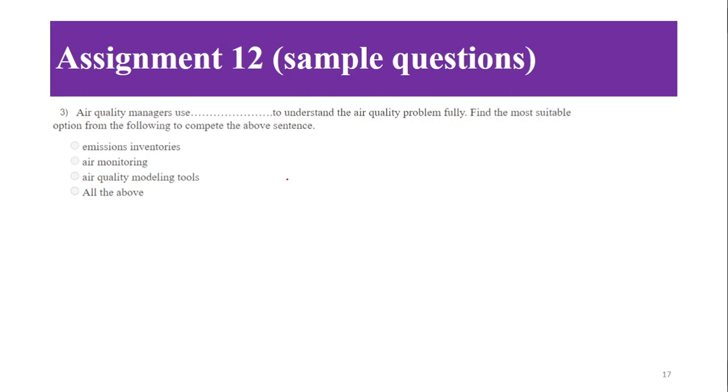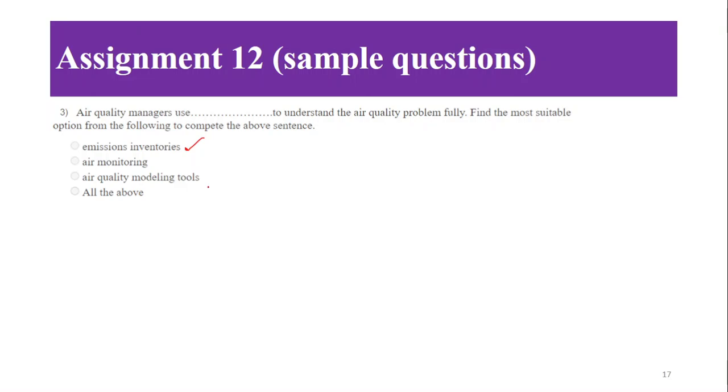Next question: air quality managers use dash to understand the air quality problem fully. Find the most suitable option from the following to complete the above sentence. So is it emissions inventories, or air monitoring, or air quality modeling tools, or all of the above? So to understand an air quality problem completely, one needs to have the emission inventory.